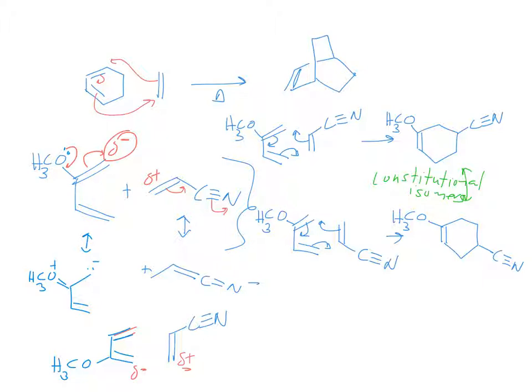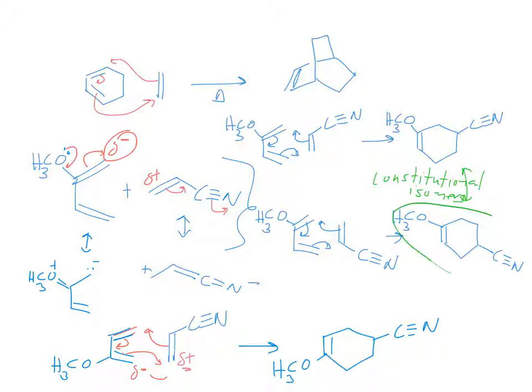We're going to pair these up, and the only way we can pair them up is to know how this resonance works. So this is the minus end, and that minus end goes to the plus end, and then we just draw the rest of our electrons around in a circle, make our cyclohexene, and this is our product. So it was this one over here.